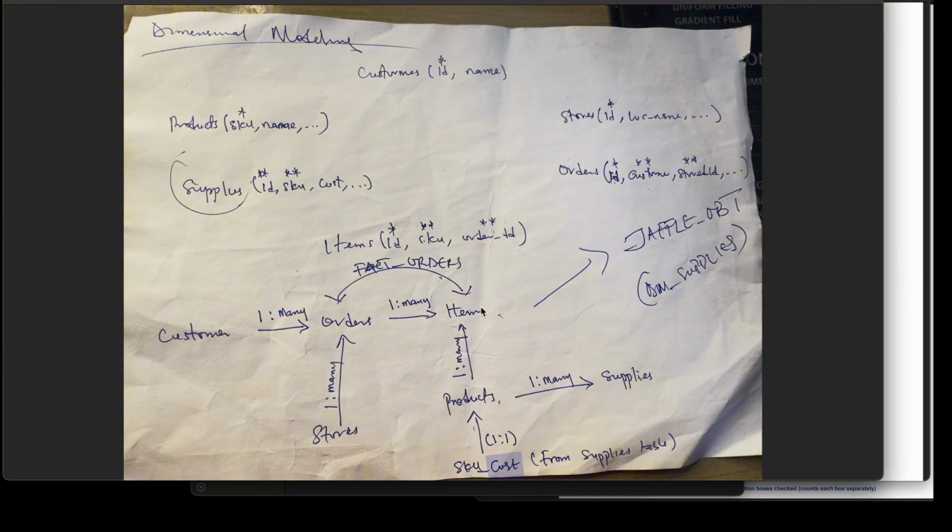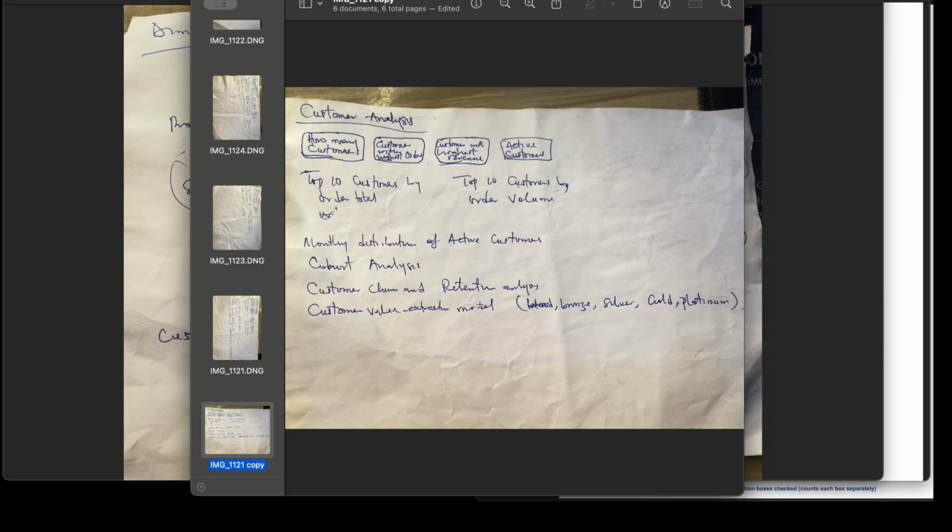So let me go here. Yeah. So first I said I'm going to create a customer analytics tab. In here I want to know how many customers the business has, customers with highest order, customers with highest revenue, active customers, top 10 customers by order total, etc., etc.